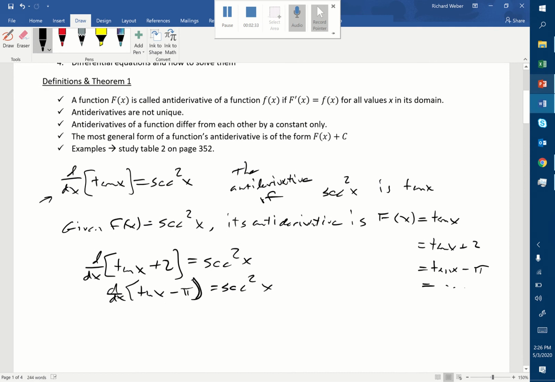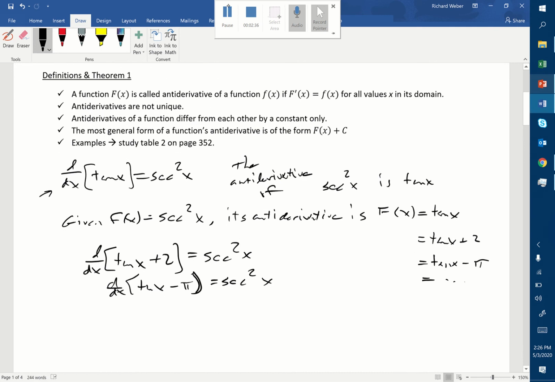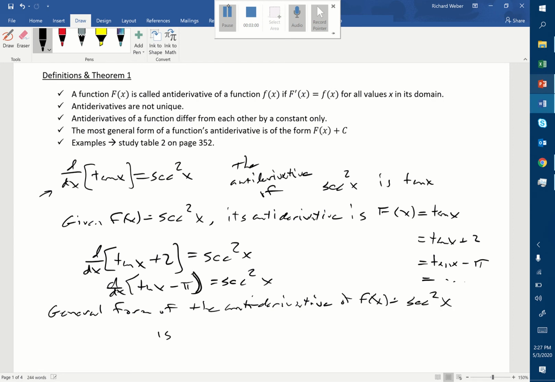And so what we do is we talk about what they call the general form of the antiderivative. I'll just use this example. The antiderivative of f of x equals secant squared is, and you can still use the letter F of x, and you write tangent.